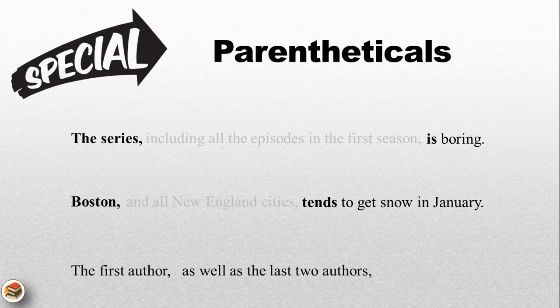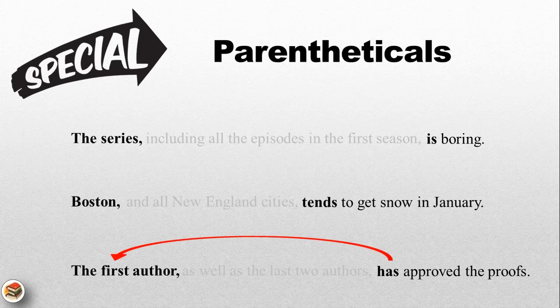The first author, as well as the last two authors, has approved the proofs. Same case here, the first author is the person to whom we're referring. So the verb should match that subject. So the author has approved the proofs.